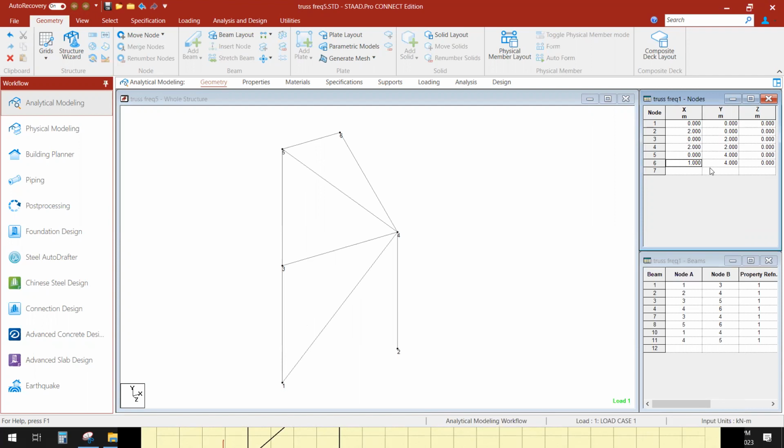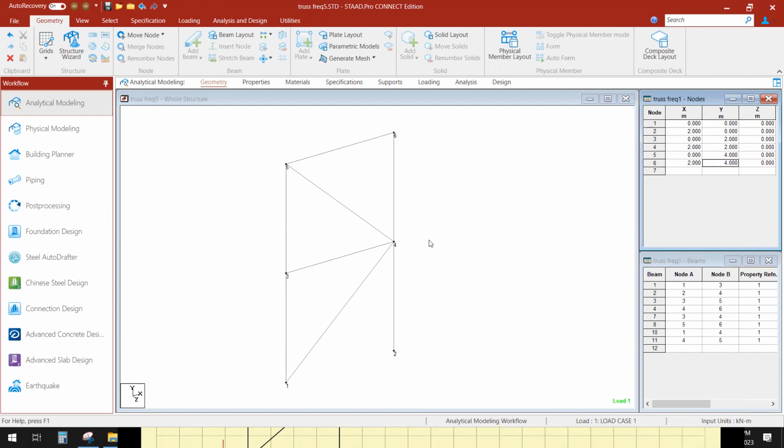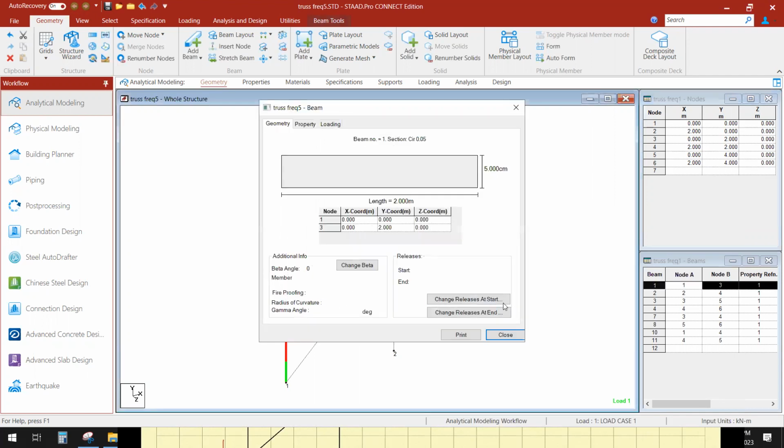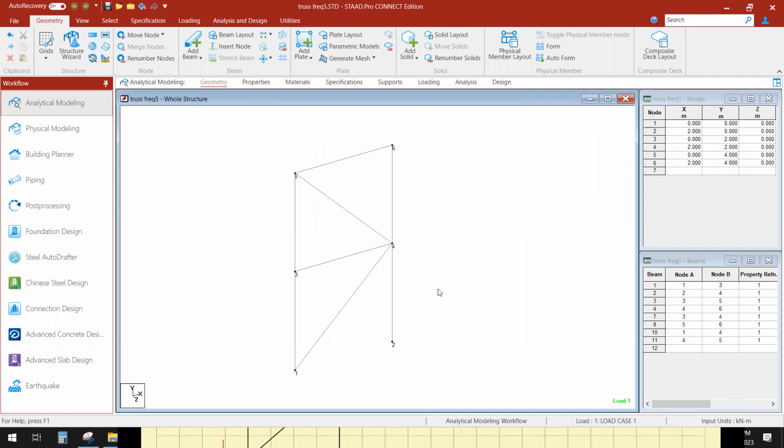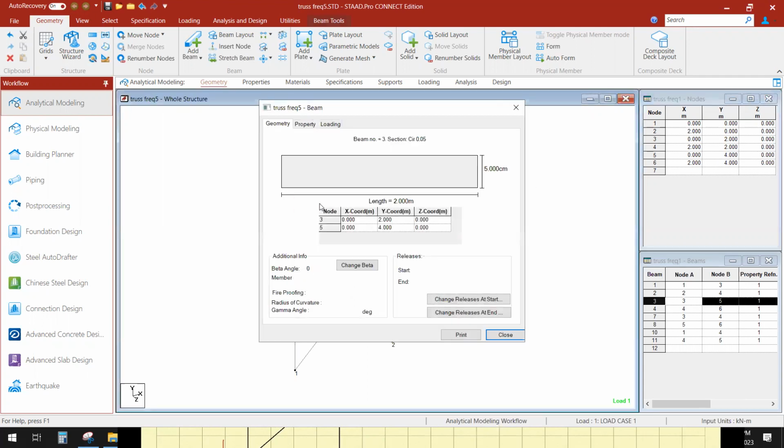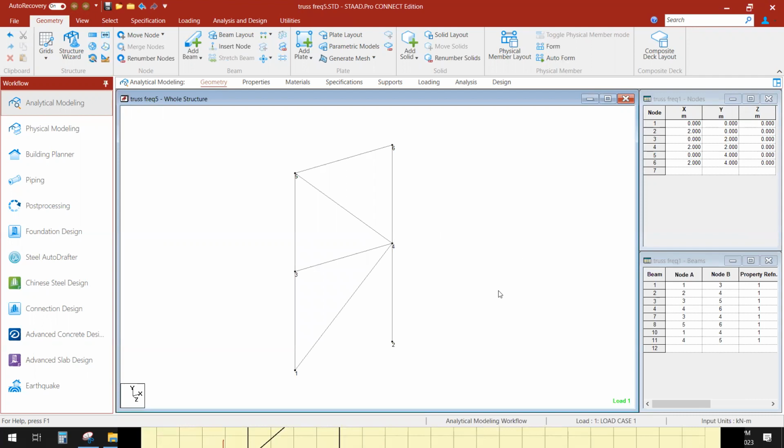This is also 2. So, this is, yeah, 2. Okay. Yan, okay na to. 2 meters. This is also 2 meters. Okay.